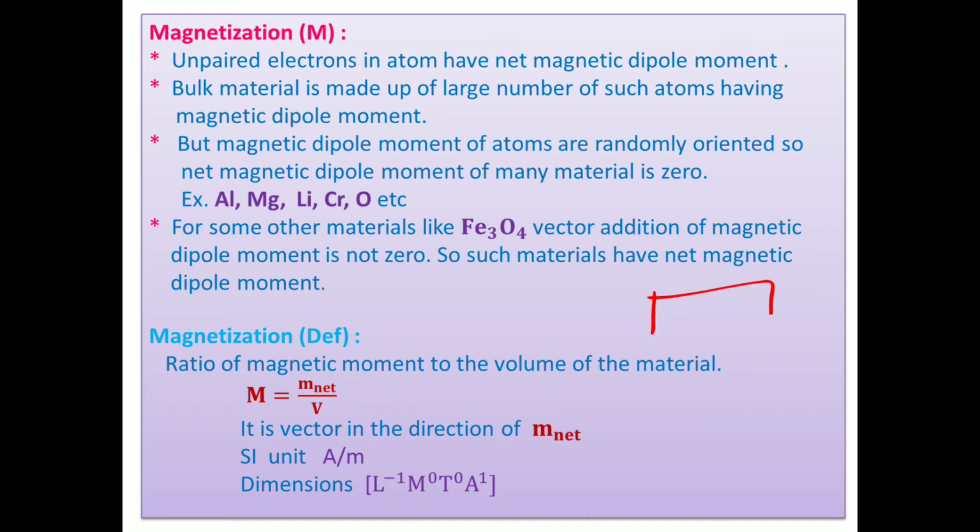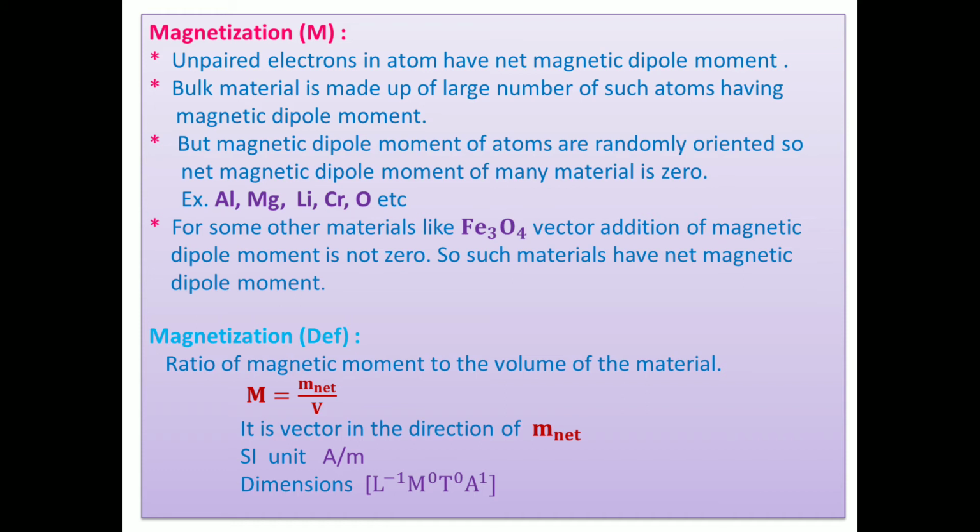Suppose we consider such a substance: the magnetic dipole moments of the atoms are randomly oriented, so the resultant dipole moment is 0. For aluminium, each and every atom possesses a net magnetic dipole moment. Similarly manganese, lithium, chromium, oxygen: each and every atom possesses a net magnetic dipole moment because they have unpaired electrons, so they show magnetic properties.